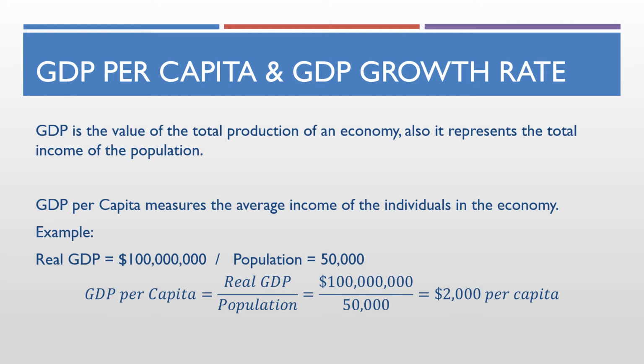And as a result, we know that on average, if this is evenly distributed across the population, everyone should have at least $2,000 worth of goods and services in this economy per capita.